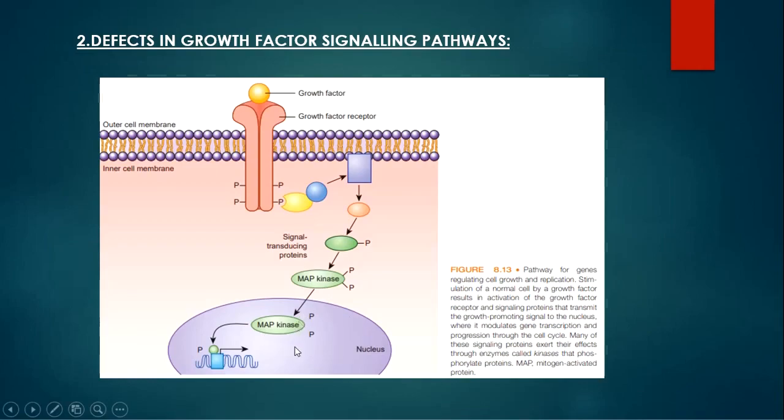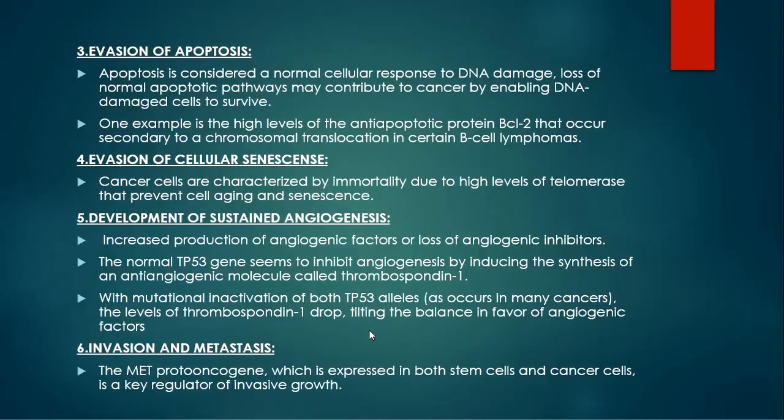So if there is a defect in this protein or maybe the whole pathway, it will also result in oncogenesis or tumor formation. Now the third is evasion of apoptosis. Apoptosis is considered a normal cellular response to DNA damage, and loss of normal apoptotic pathways may contribute to cancer by enabling DNA damaged cells to survive.